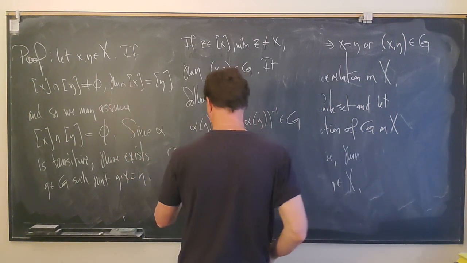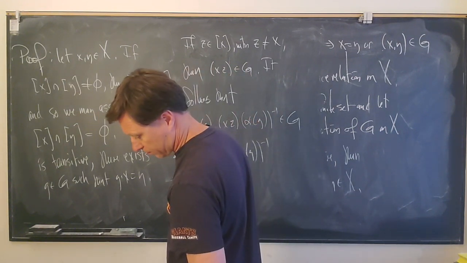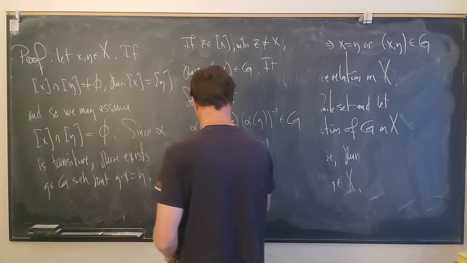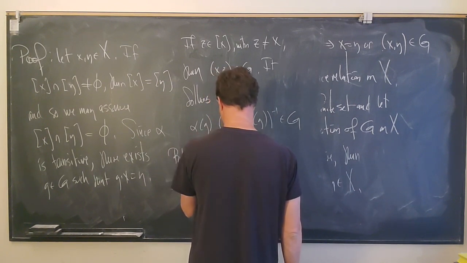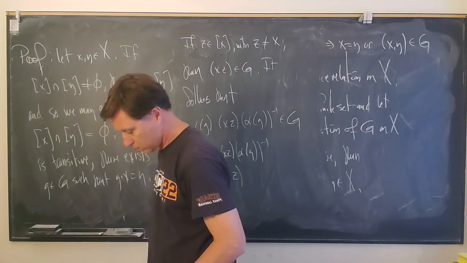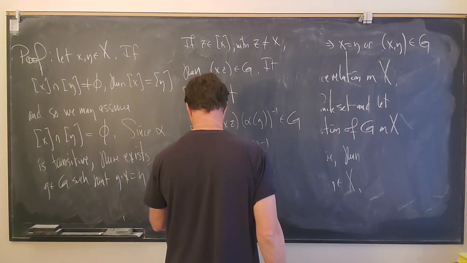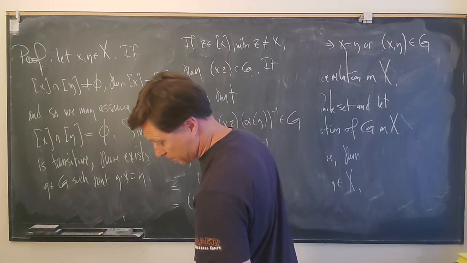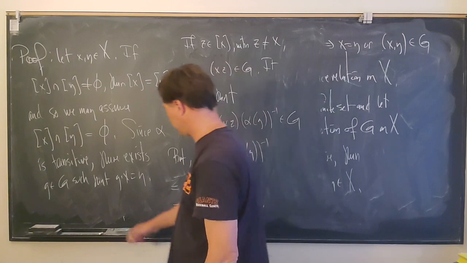This will be alpha g of x, which I should just write as g dot x. So this is g dot x, comma g dot z, which is equal to y, comma g dot z. This is in the equivalence class of y.